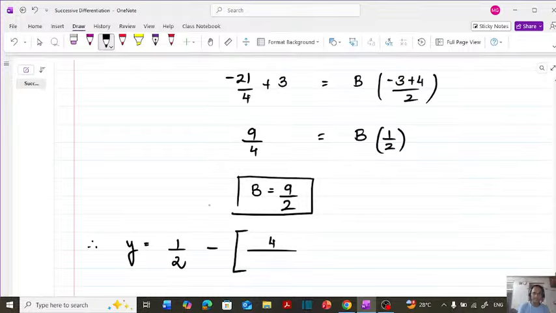Here it's minus, okay, minus 9 by 2. Please be careful, the value of b is minus 9 by 2. And then there is 4, right? 4 it's going to give you with x plus 2, and here it is minus 9 over 2 into 2x plus 3.